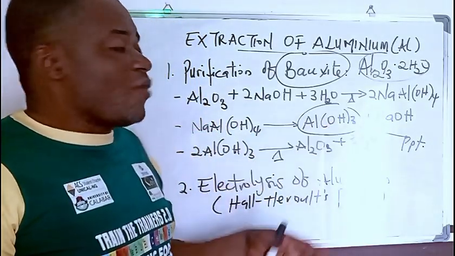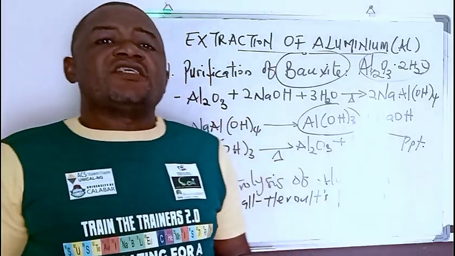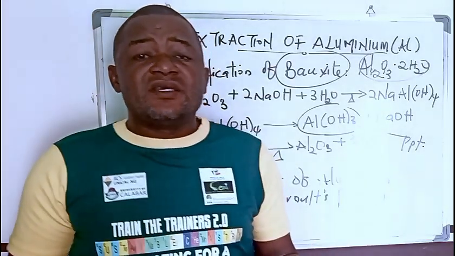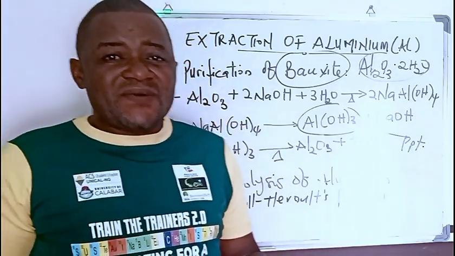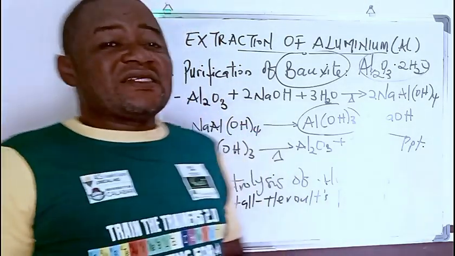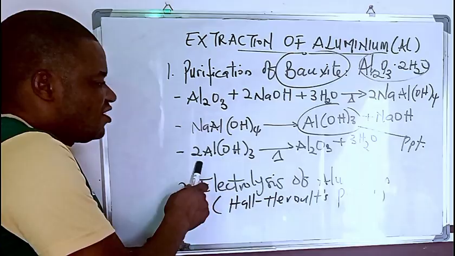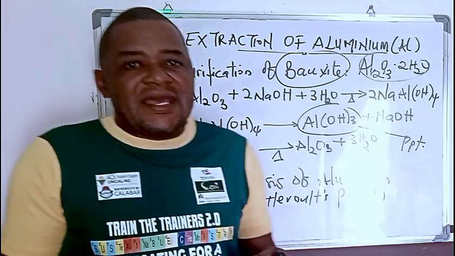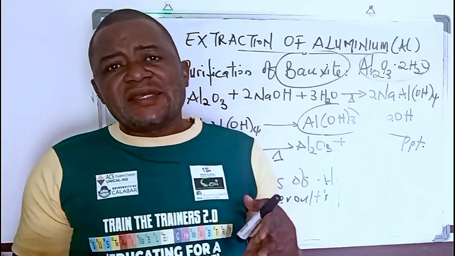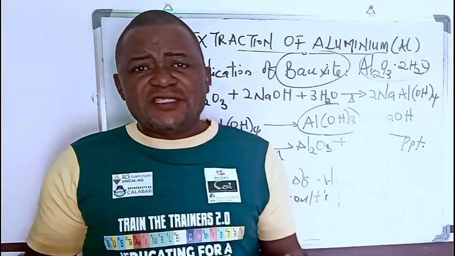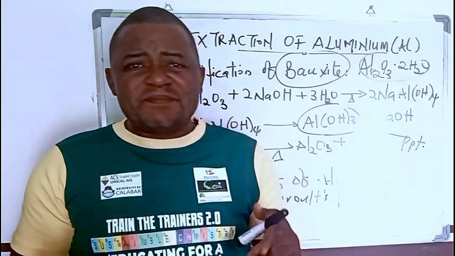So at this point, collected as a precipitate, it is going to be washed and then dried. When it is dried, it is now going to take the next step, which is high temperature heating, more like pyrometallurgy.